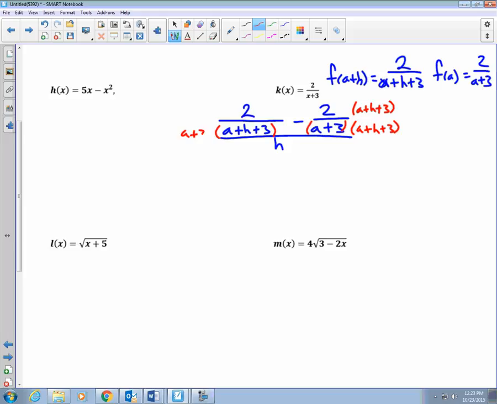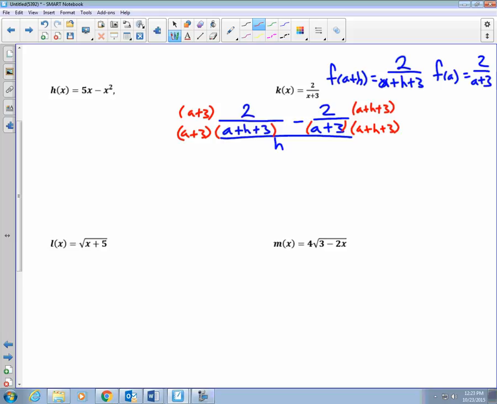Then a plus 3 and a plus 3. See how some people might want to just multiply this side by h? See that temptation? They say it's missing an h, so I'm just going to multiply by an h. No. Gotta do the whole stinking thing.